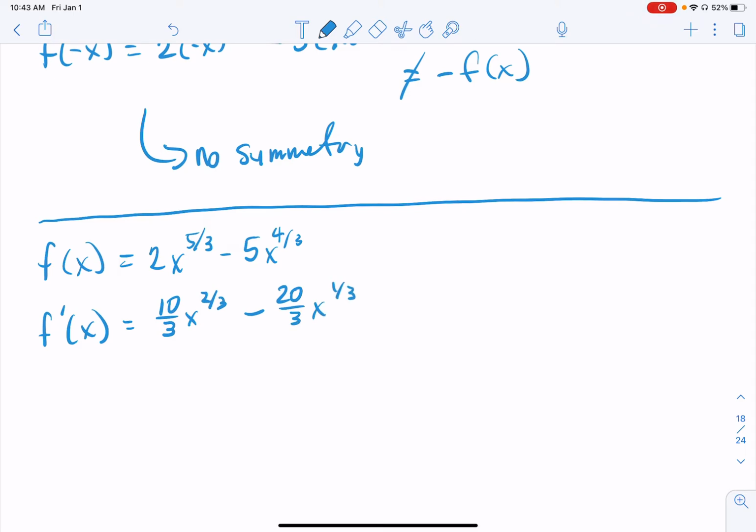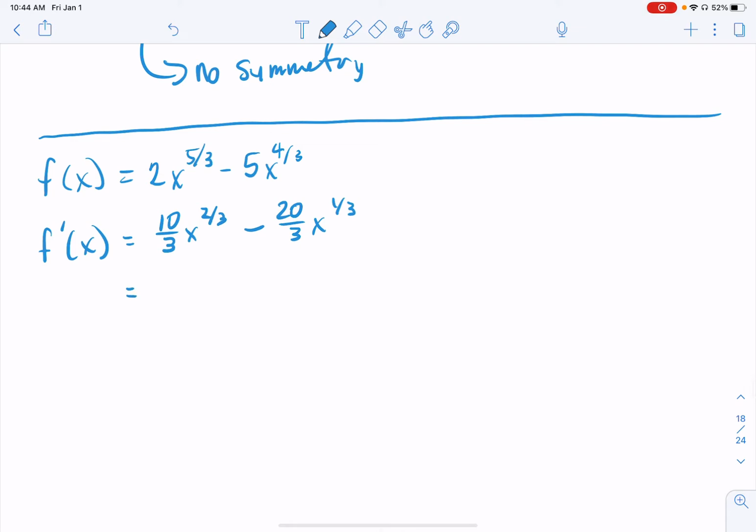All right, and now I want to know, where is this thing equal to 0 or undefined? It's not going to be undefined because we have cube roots and there's nothing in the denominator or anything like that, so everything is fine there, but it could be equal to 0. And in order to tell, let's factor it. We can pull out a 10/3 x to the 1/3 power.